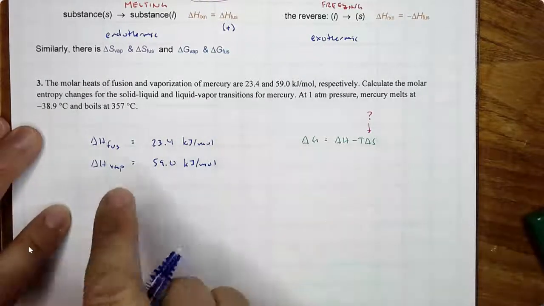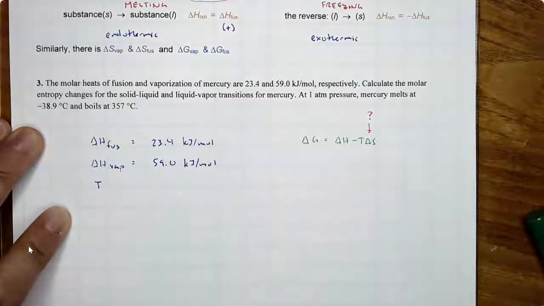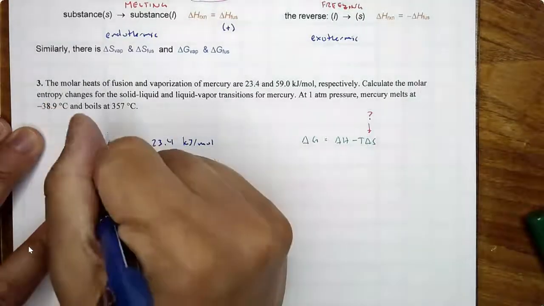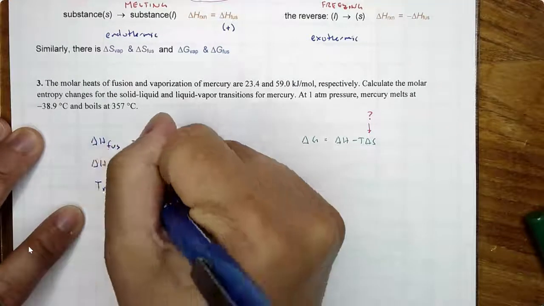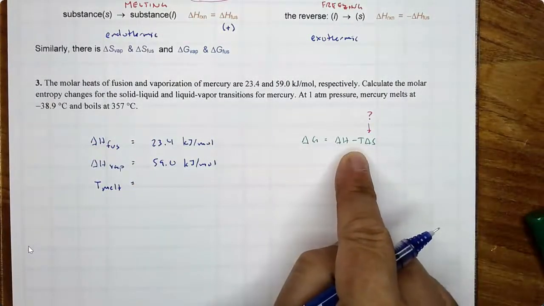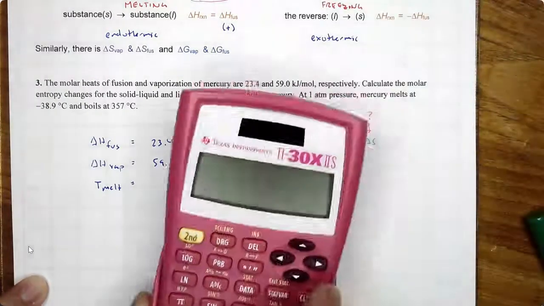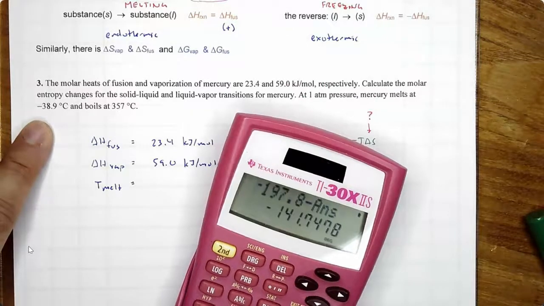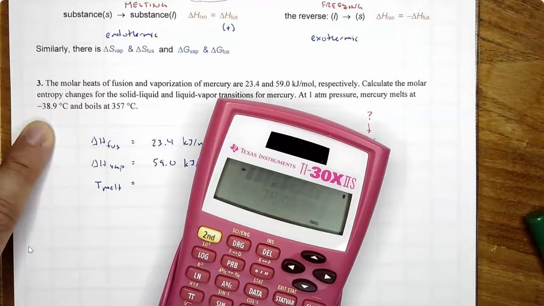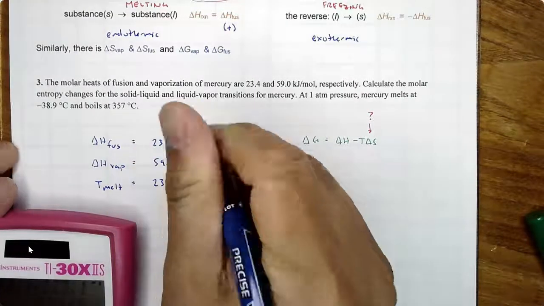Okay. We have T's. We have T of the melting. That equals, now because I have this equation written out, it reminded me that temperature has to be in Kelvin. So let's do the melting point first. Negative 38.9 plus 273.15, 234.25.